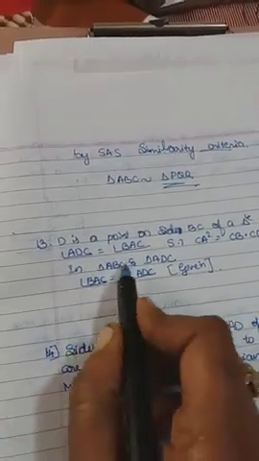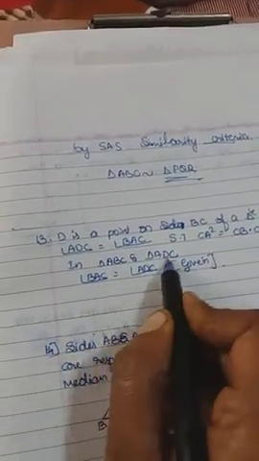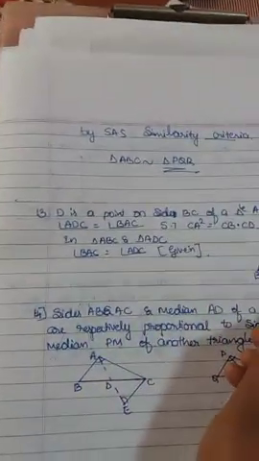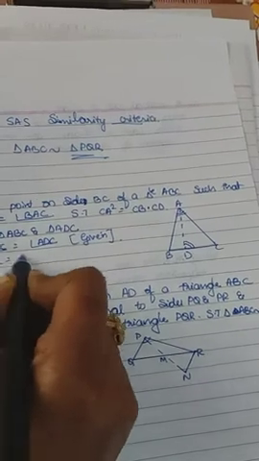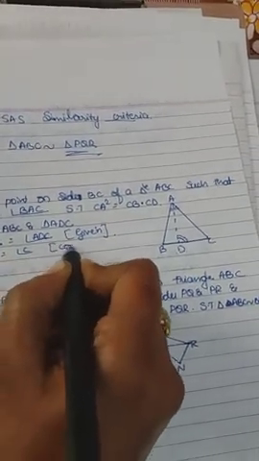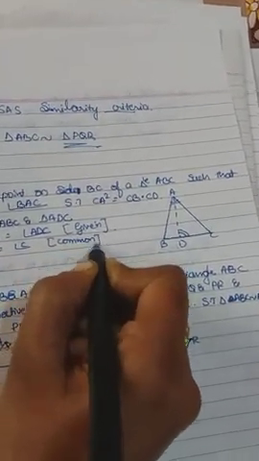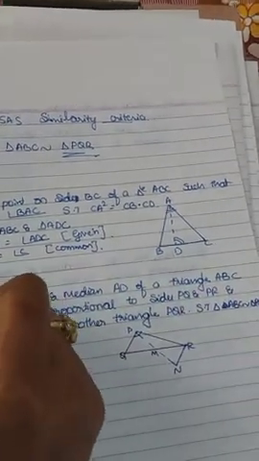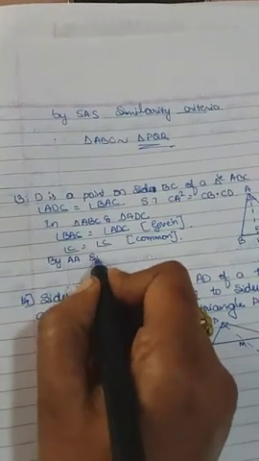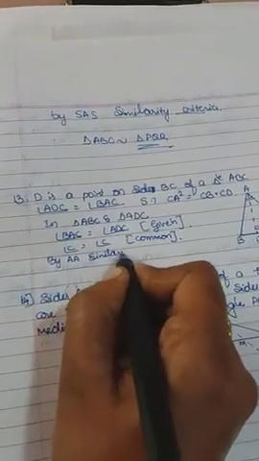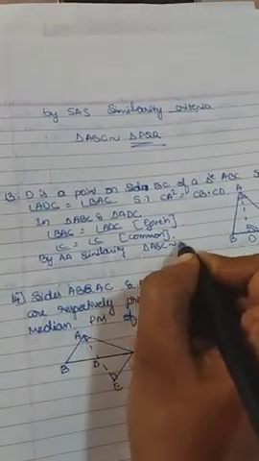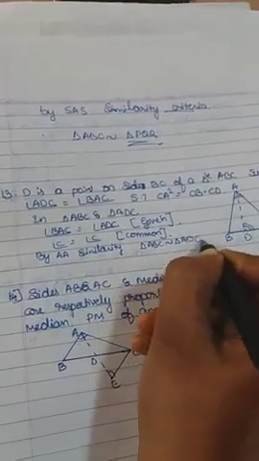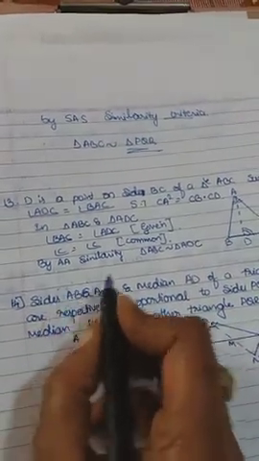Next, the common angle in both triangles will be the common letter, angle C. Angle C equal to angle C, that is common. By the similarity criteria we can write triangle ABC similar to triangle ADC, right?